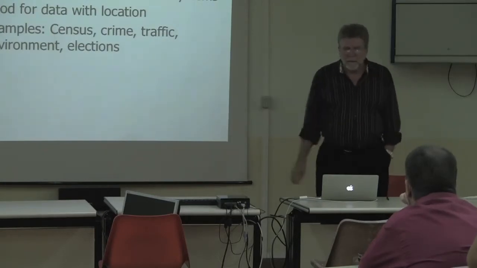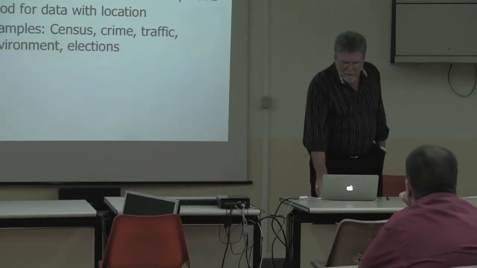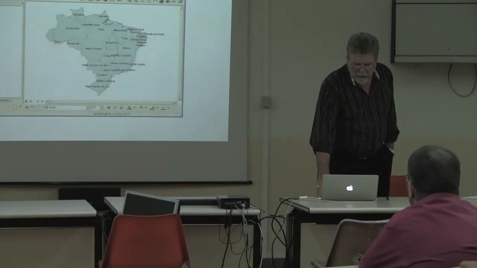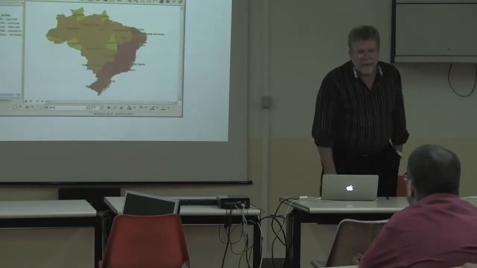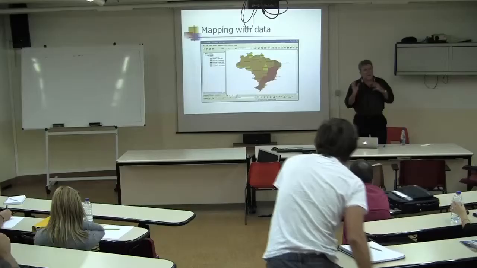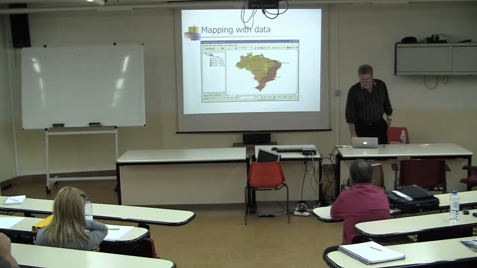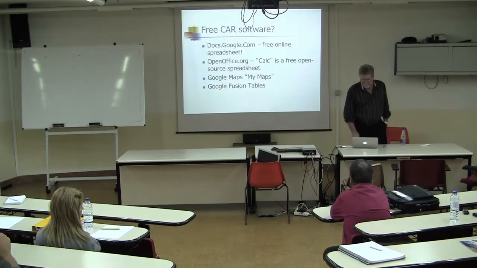All these kinds of things can be done with mapping programs. Here's the kind of thing you can do. I just happen to have a picture of Brazil. And this is the same thing with some data mapped onto it. Very quickly you can create maps that show you whatever the pattern is you're interested in.